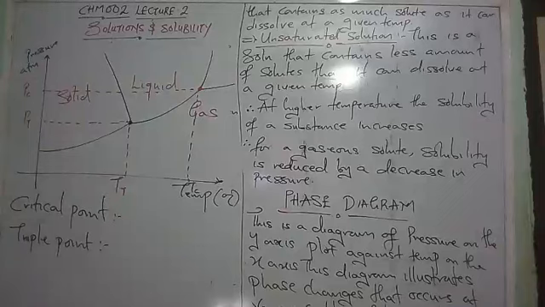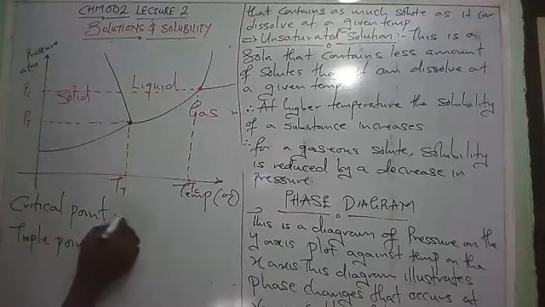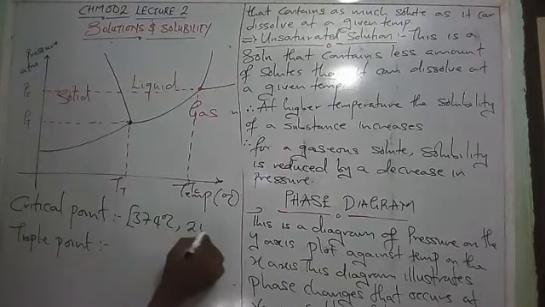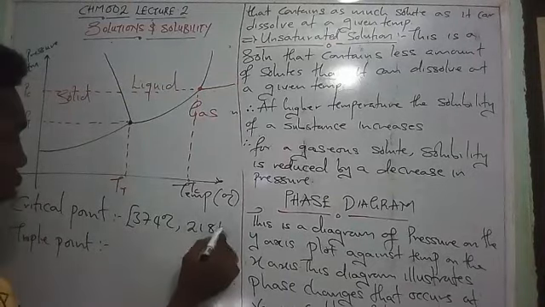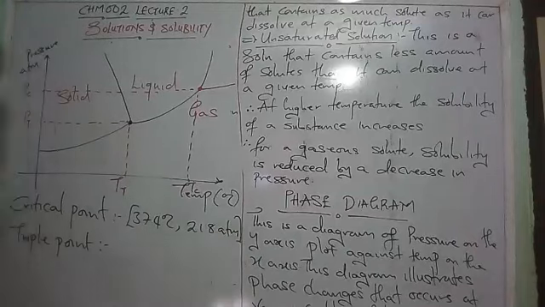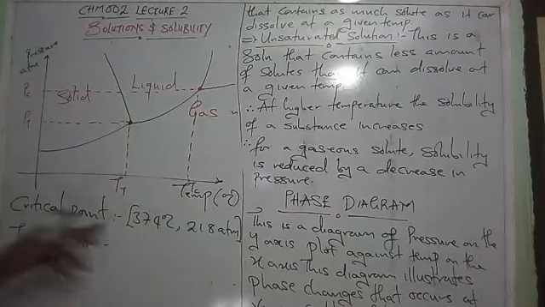Now, for your critical point for water, you have it at 374 degrees Celsius and 218 atm. That's the temperature and the pressure of the critical point of water.